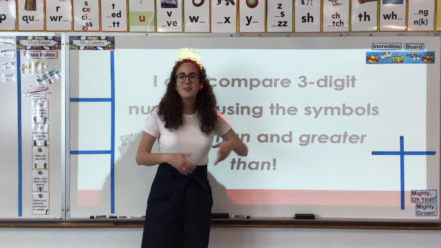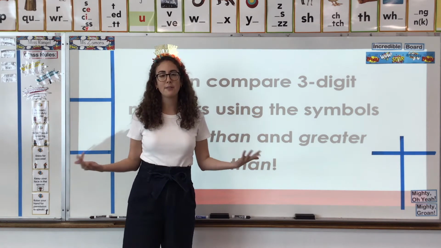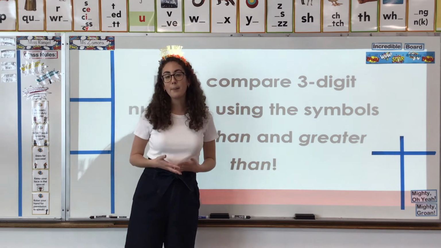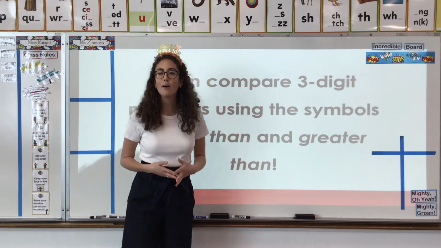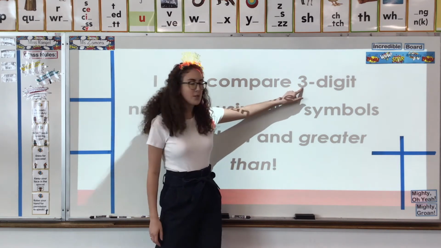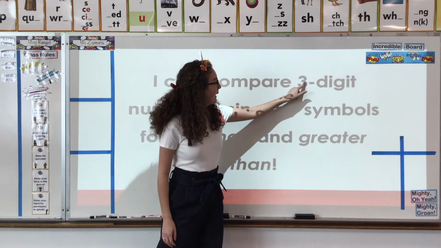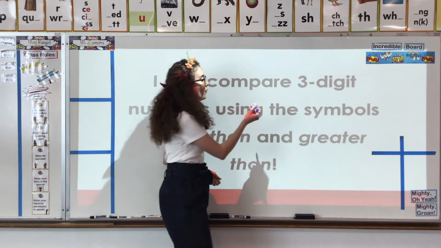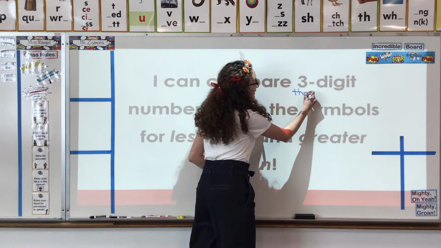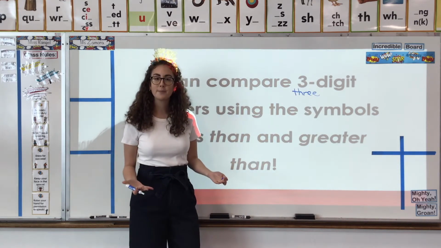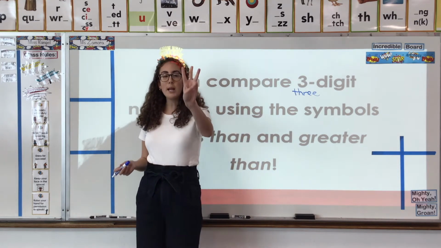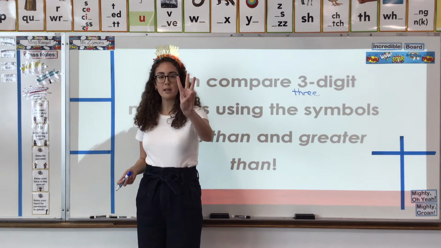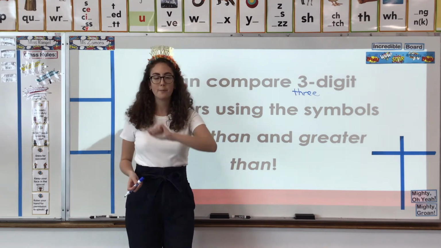Symbols are something we use all the time in our life. Our letters and our numbers, the digits, they are all symbols. So you see this 3 right here? This squiggly little line, that's a symbol for the word 3. And 3, of course, we know represents a group of 3. 1, 2, 3.